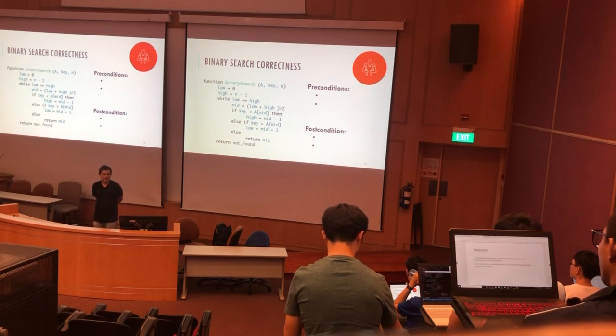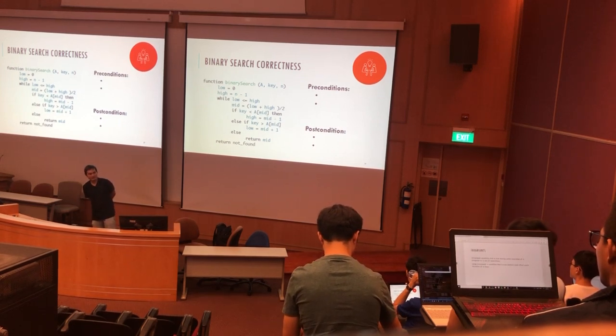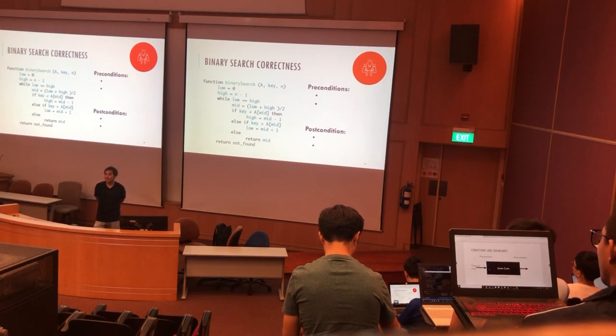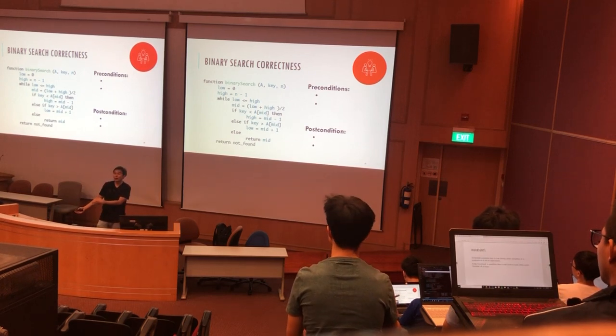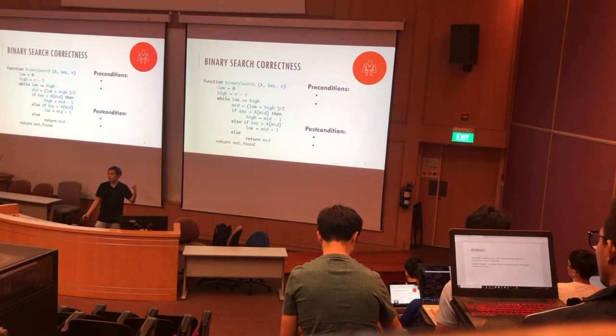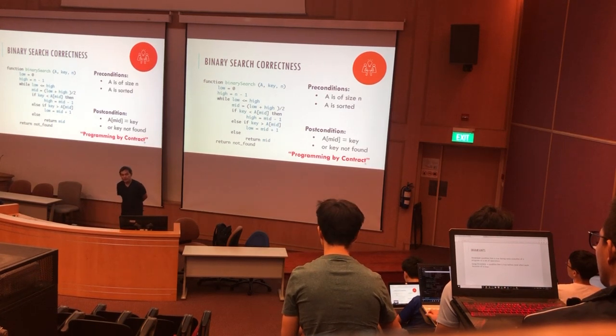What does binary search do? The index of where the element is in A. Or, what happens if the thing is not in the array? It's not found.